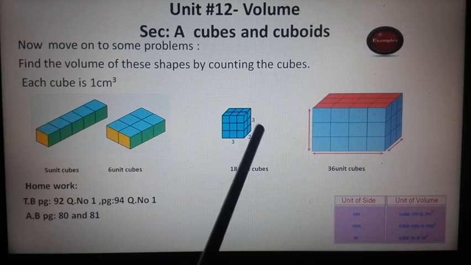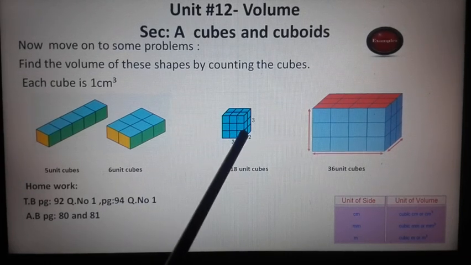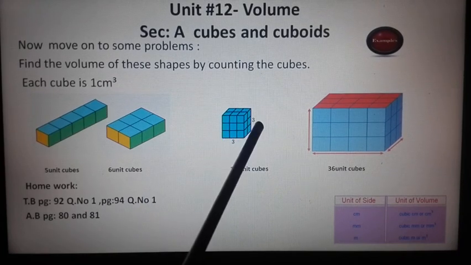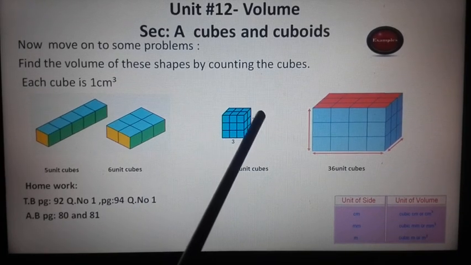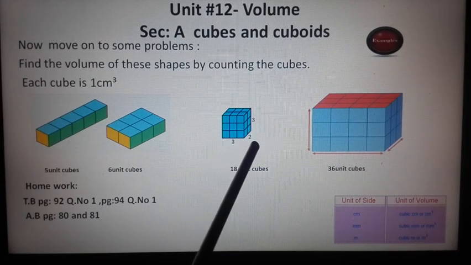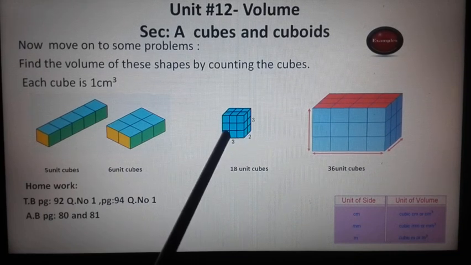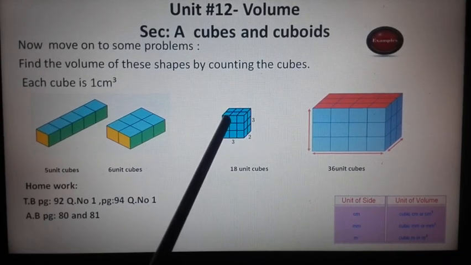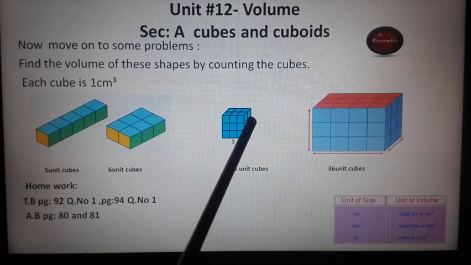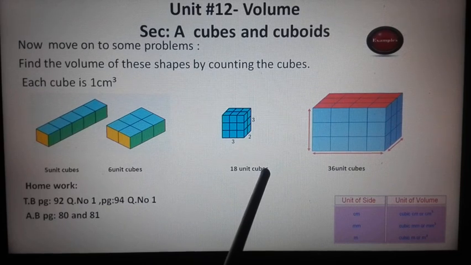Then check how many cubes make the height: 1, 2, 3. Now multiply. 3 multiplied by 2 is equal to 6. That means in one layer you used 6 cubes. Like that, 3 layers are there. So 6 multiplied by 3 is equal to 18 unit cubes.